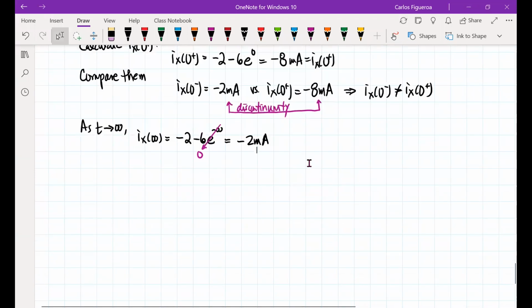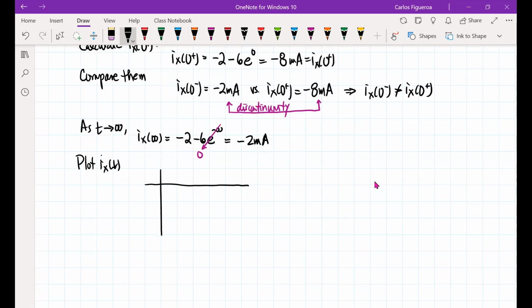So now what I'm going to do is plot it. Plot Ix of t. Now, as I plot this thing, everything is going to be below the axis. So here I go. This is Ix of t, and this guy's coming in here. And this is Ix of 0 minus.